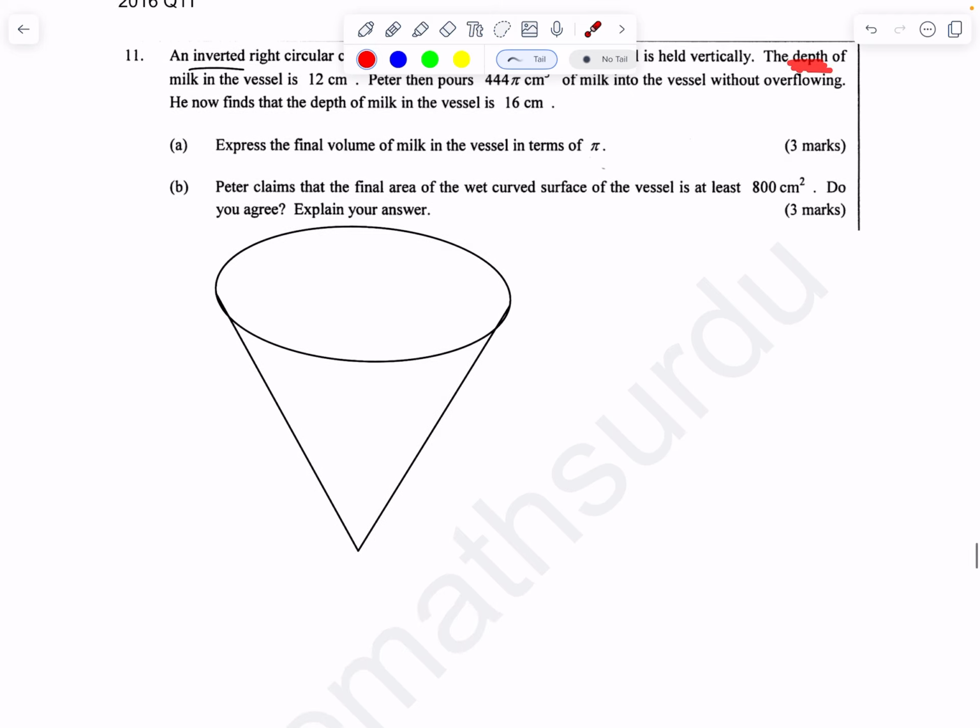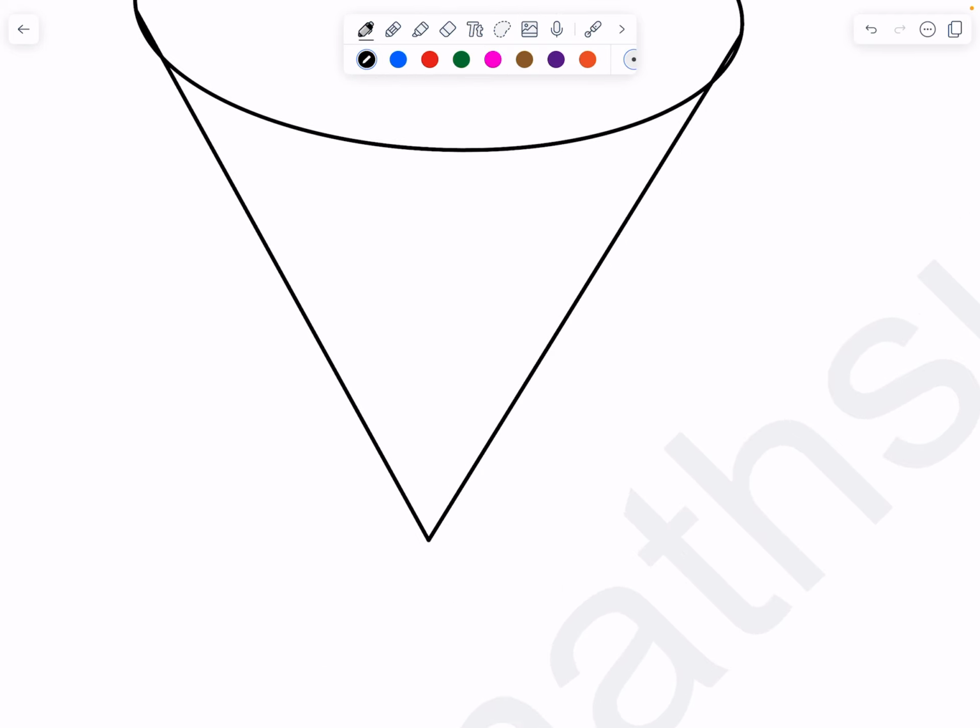So the height of the milk in that vessel is 12. So if I draw it, okay, so this much is my milk. Let's say my milk is here until here, and then the height of my milk from here to here will be 12. That's what it means.